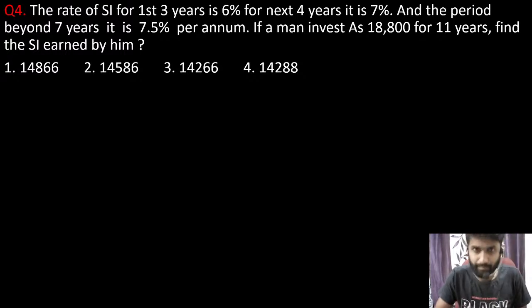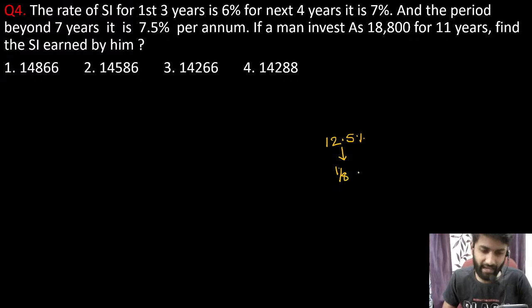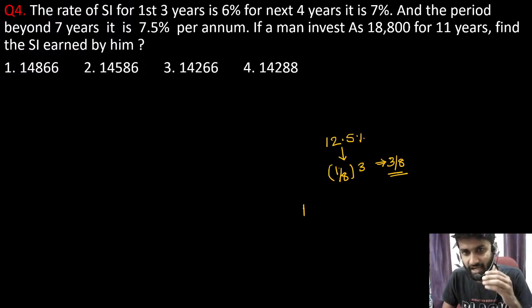According to the information, the rate of interest is given as 12.5 percentage. 12.5 percentage becomes 1 by 8 per annum. They deal with 3 years, so the value becomes 3 by 8. So now fix the fraction value: 3 by 8. Now according to the question, the denominator is the principal, so principal is 8 units.